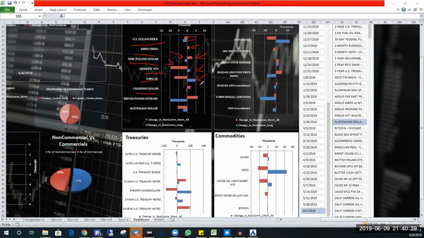The Canadian dollar also has short positions added, and the British pound as well. So overall, the Swiss franc, the New Zealand dollar, Canadian dollar, and British pound are expected to be bearish this week. We'll be watching that closely and see how that plays out.